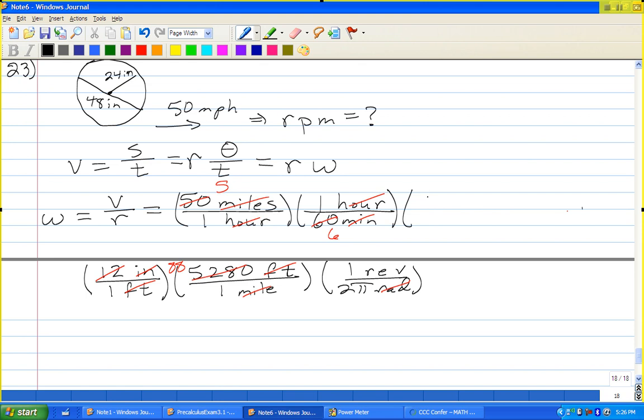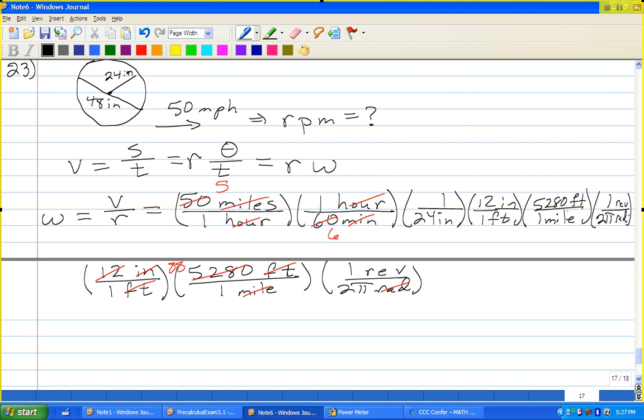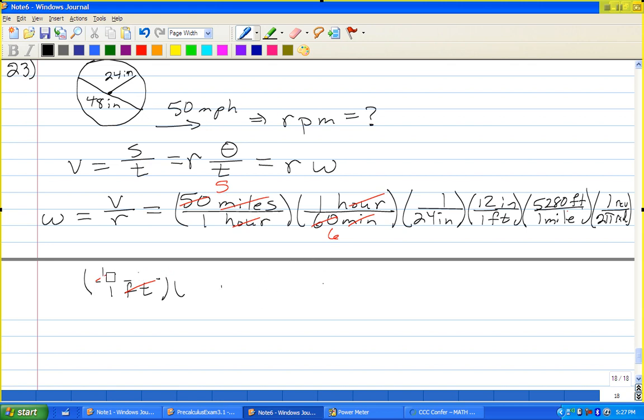So the radius is 24 inches, sorry. 12 inches per foot. 5,280 feet per mile. And lastly, 1 revolution in 2 pi radians. Okay, I can fit that all there then, because I want revolutions per minute.